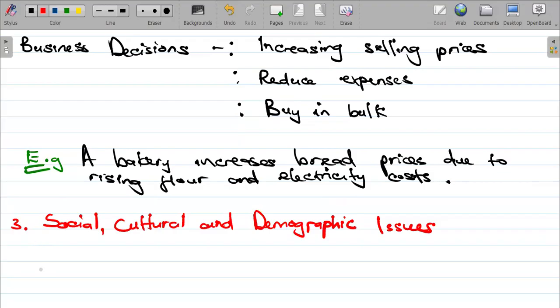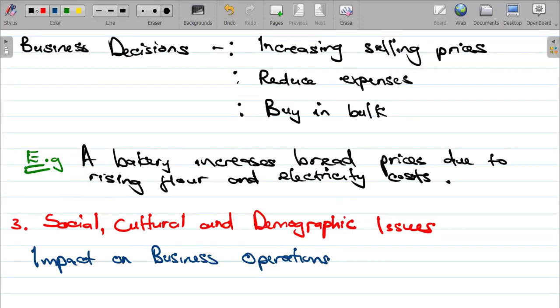So let's discuss the impact of contemporary social problems on business operations. You can find that population age structure affects labor supply.